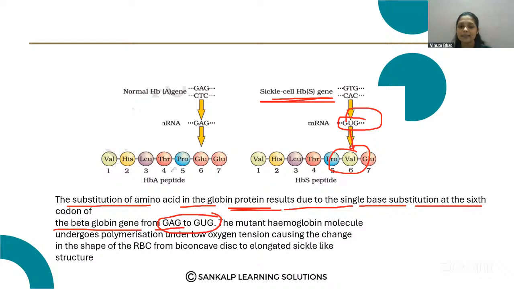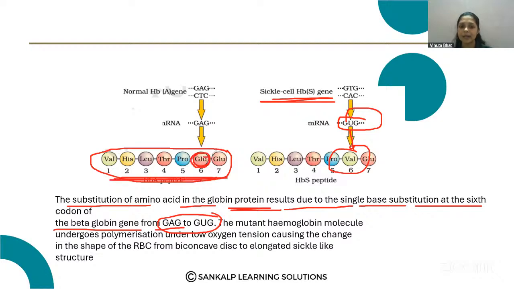So what is happening here is that in the hemoglobin peptide chain, the amino acid chain, only one amino acid is changed.